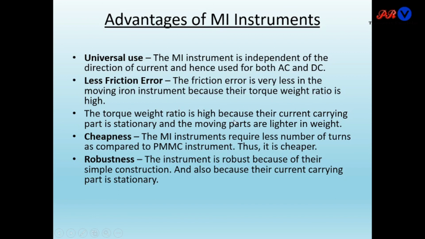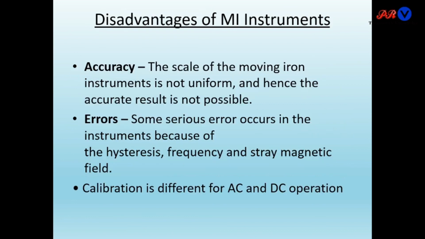The torque weight ratio is high because their current carrying part is stationary and the moving part is lighter in weight, that is moving iron. Cheapness. The MI instruments require less number of turns as compared to PMMC, so it is cheaper. Robustness. The instrument is robust because of their simple construction and also because their current carrying part is stationary.